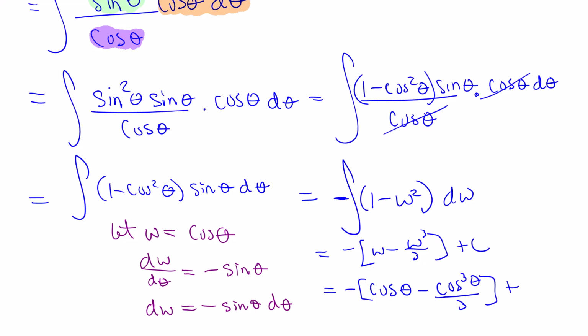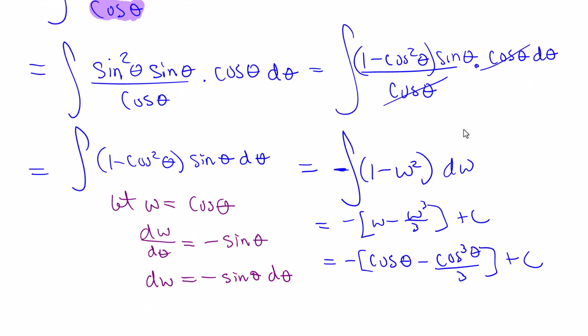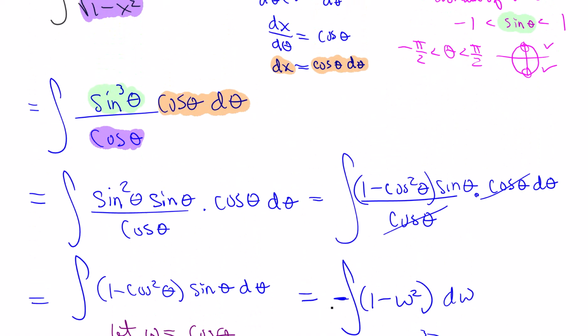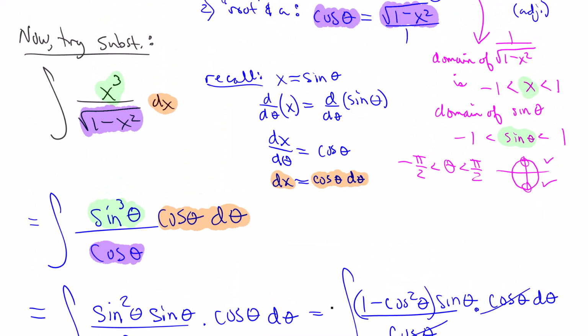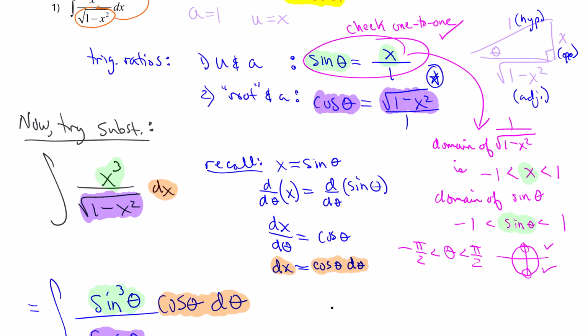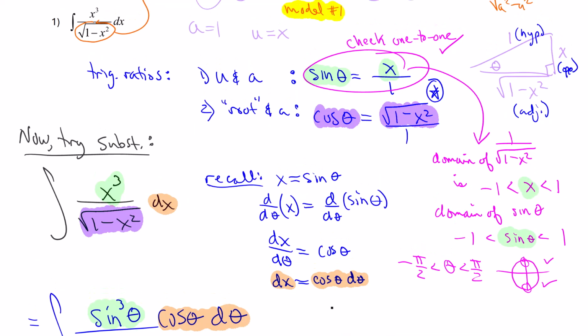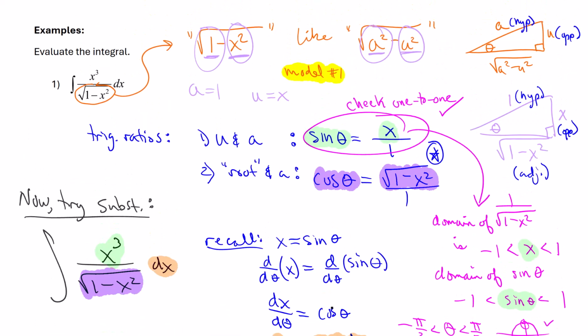That's all in brackets. And then plus c. But then what's crazy is nobody even cares about theta, so we have to replace yet one more time. Don't worry, it's not too bad. We know already that cosine theta equals something, or we could find it simply by our triangle model. So go way back up. Remember our models? Well, we're going to use them again. So go back to the one we replaced.